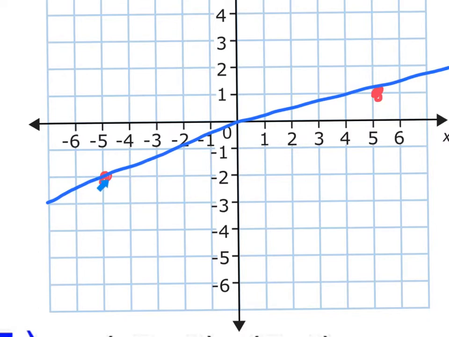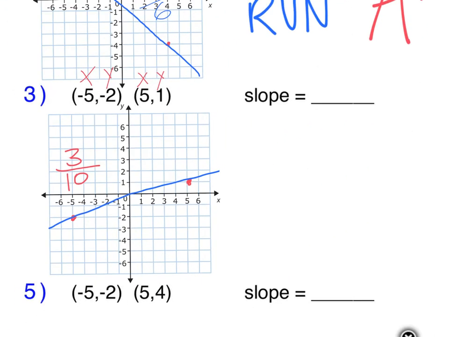So the rise is 3 over 3 over what? 10. And let's count over just to be sure. 1, 2, 3, 4, 5, 6, 7, 8, 9, 10. Yep, 3 over 10. You're going to write that right there on your slope.